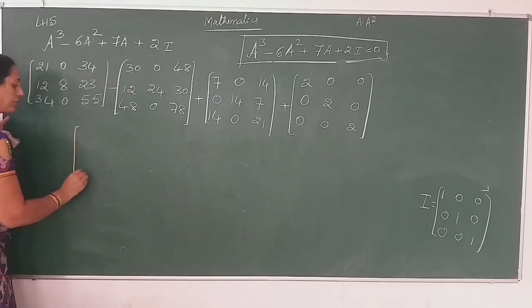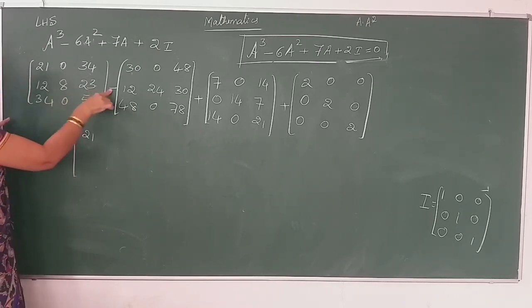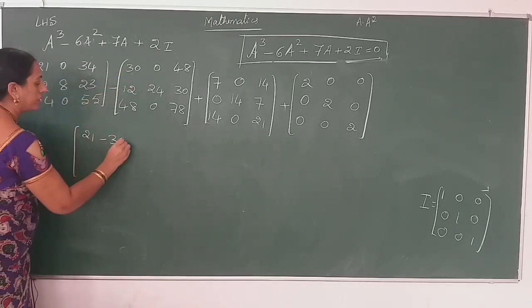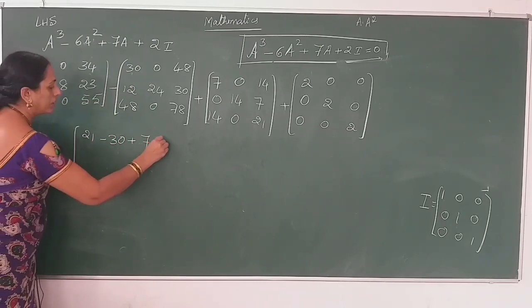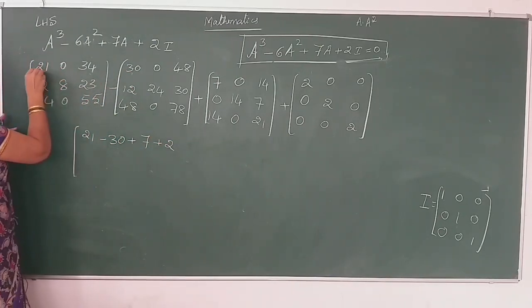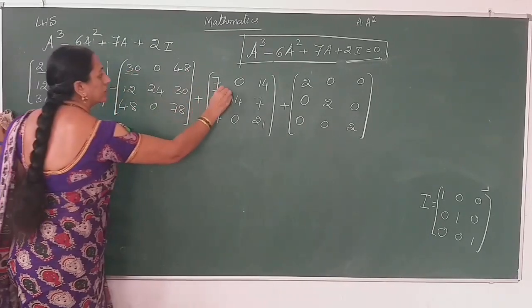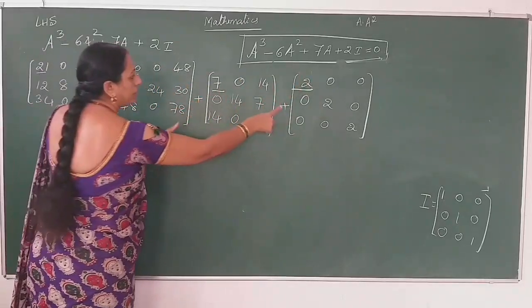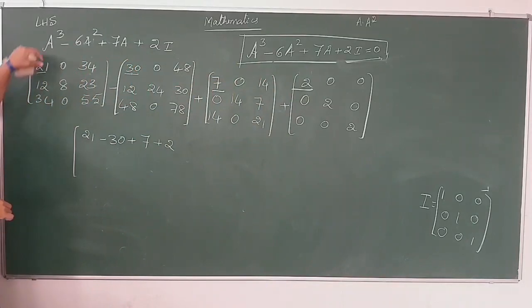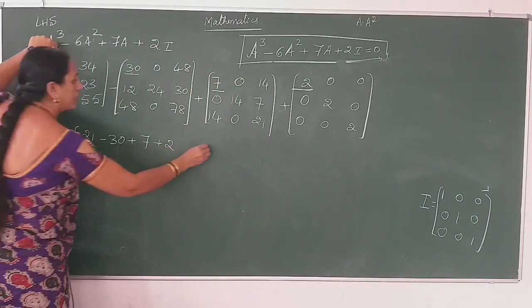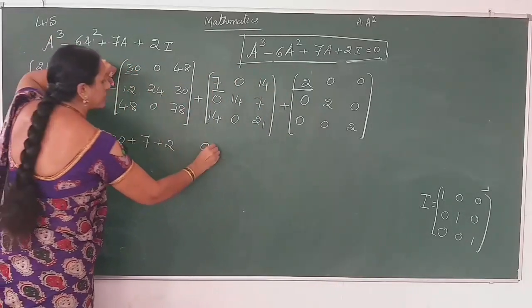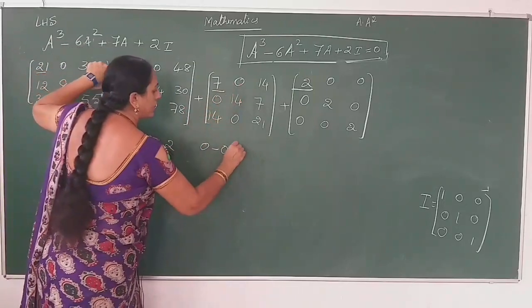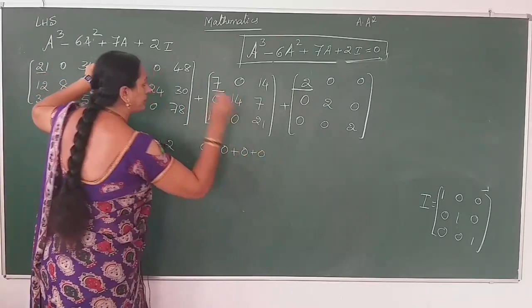The first elements are 21 minus 30 plus 7 plus 2. Similarly, second elements are 0 minus 0 plus 0 plus 0.